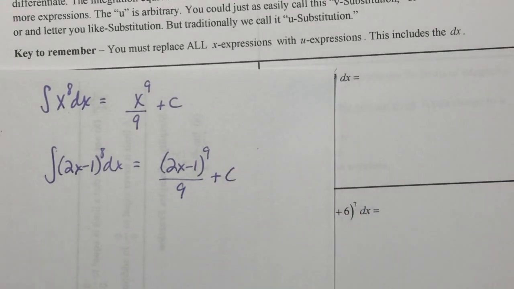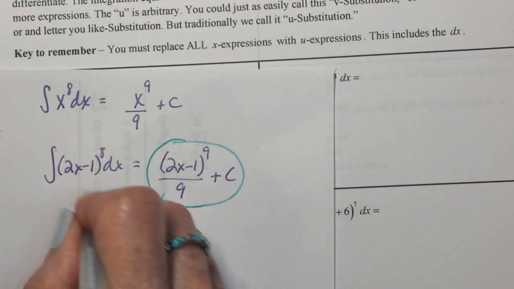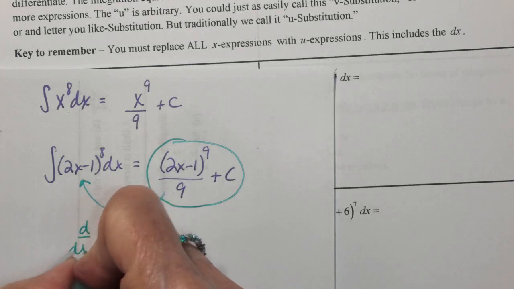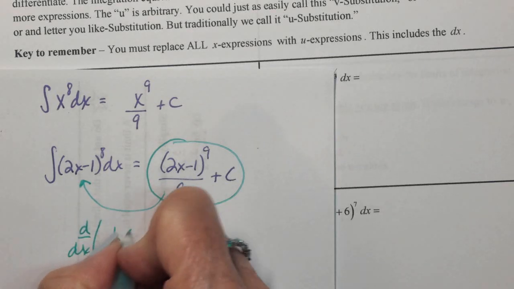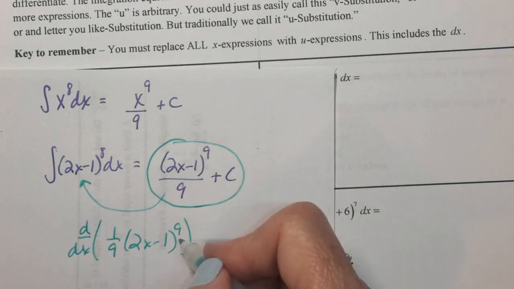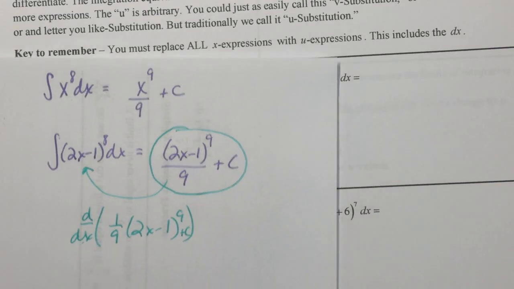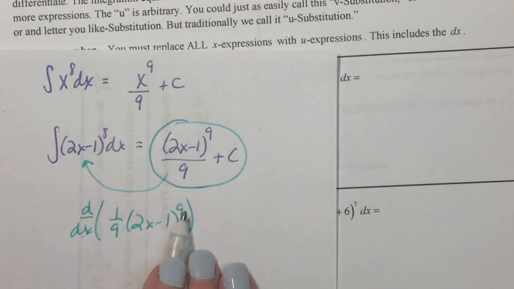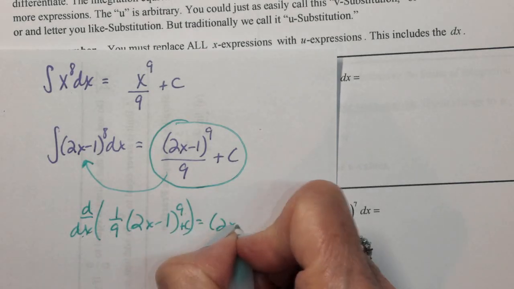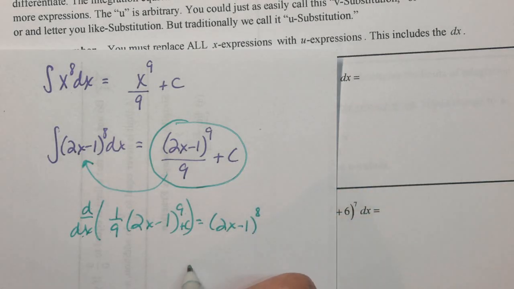That's what we would say. Which means that if we took the derivative of this, we should get that, right? So let's do that. Let's take the derivative of this expression. The plus c, I could put the plus c there, but when we take the derivative of it, it's just going to be a 0, right? So let's do it. This is a chain rule. So 9 times the front would be 1. 2x minus 1 to the 8th, right?